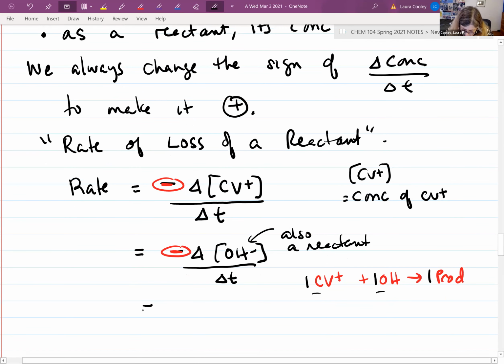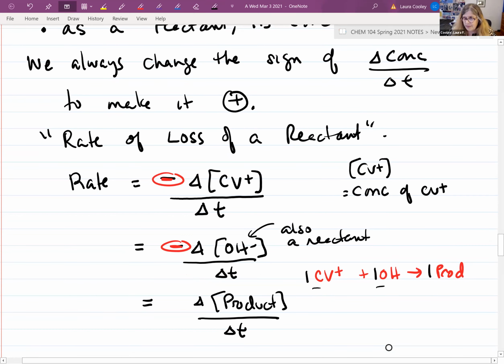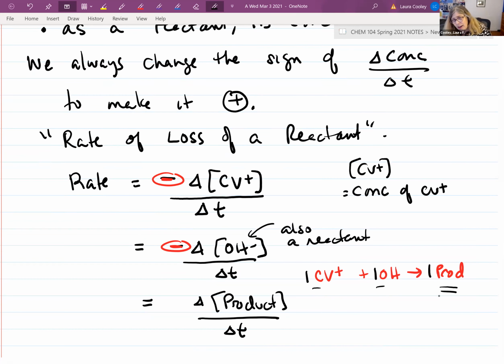If we wrote this in terms of the change in the product concentration over the change in time, do I have to put a negative sign there? What's happening to the product as this reaction is going on? Is it going down or up? You're forming products, right?